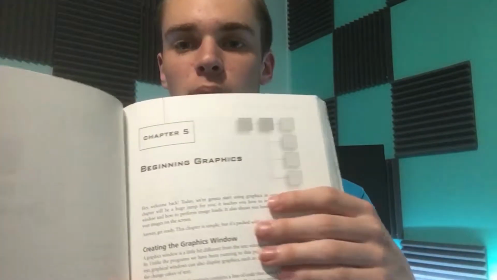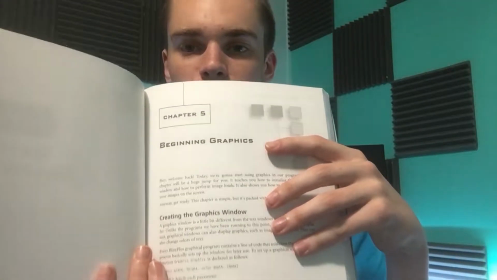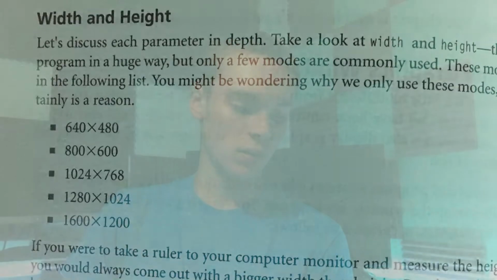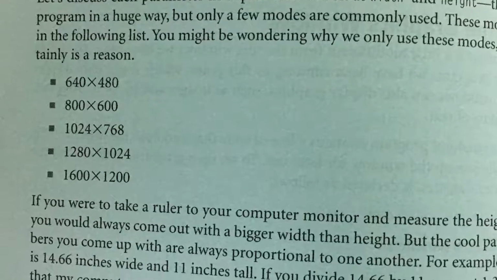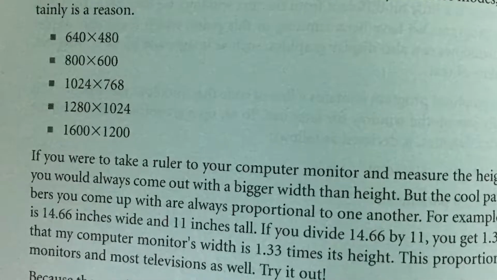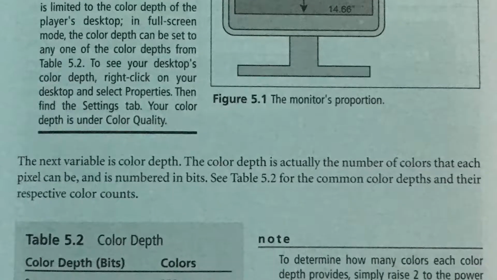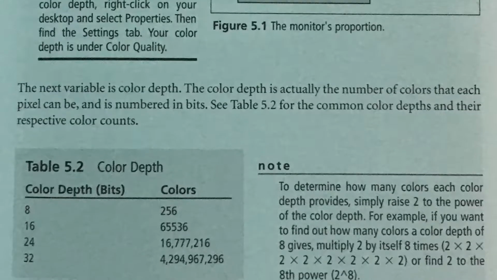And there's some stuff with graphics, such as beginning graphics, and they're creating the graphics window and everything like that. Let's see what we have here. Here's some width and height, such as 640 by 480, and some color depth, which is probably necessary to learn about.